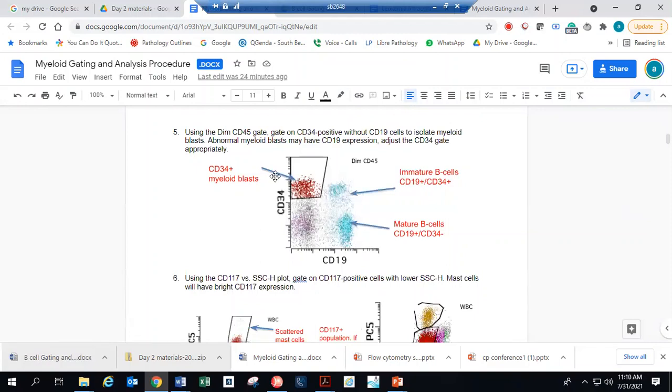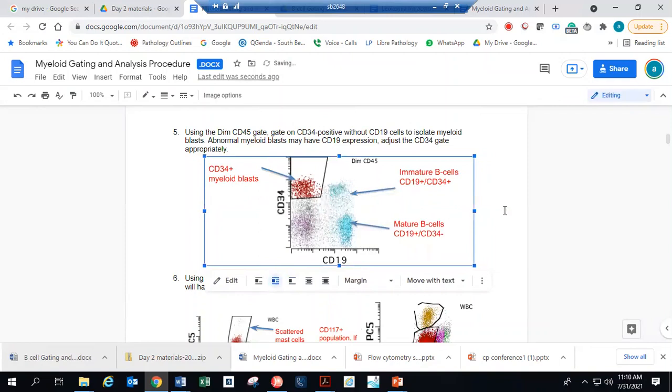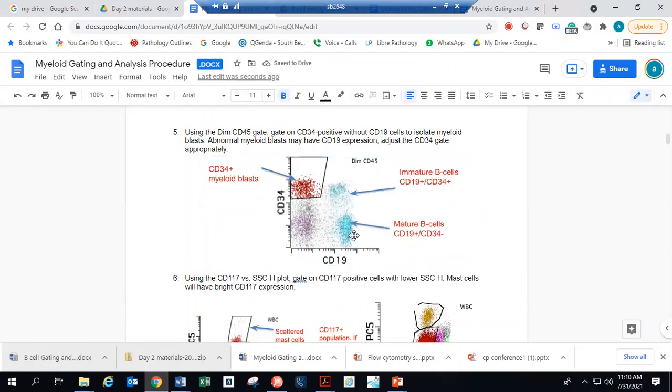Now coming to 34 versus 19, there is this spectrum. You can see that 19 positive and 34 negative, these are your mature B cells, right? So they are 34 negative and 19 positive. 34 positive and 19 negative: 19 negative makes them more of myeloid, and 34 positive makes them blasts.